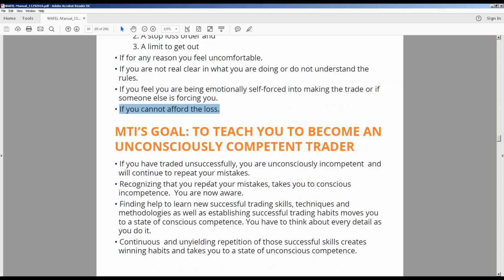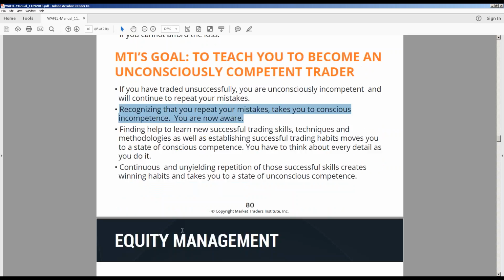MTI's goal is to teach you to become an unconsciously competent trader. If you have traded unsuccessfully, you are unconsciously incompetent and will continue to repeat your mistakes. Recognizing that you repeat your mistakes takes you to conscious incompetence. You are now aware. At least you are aware of your mistakes.